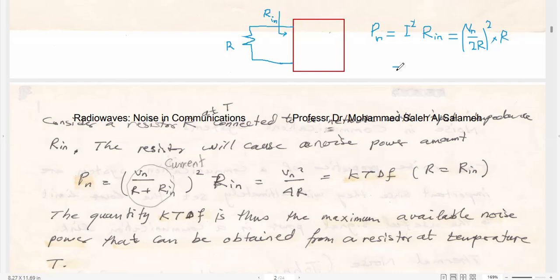This is equal to V noise squared. This is 4R squared and this is R, so we will have here 4R, as we can see in this equation, V noise squared over 4R.